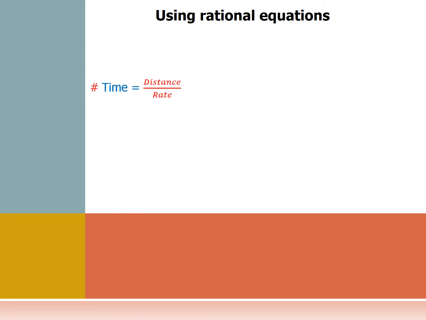Now, time is equal to distance over rate. You know this? And so what was the speed of the wind today? It means find the value of x.